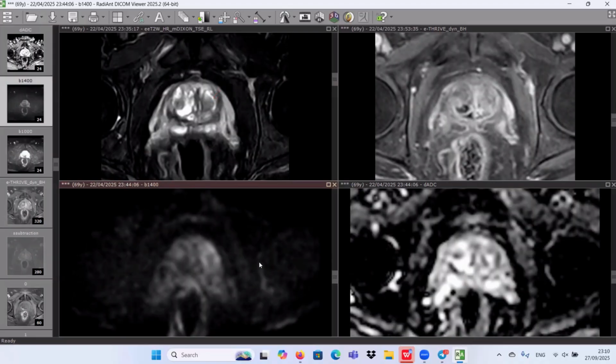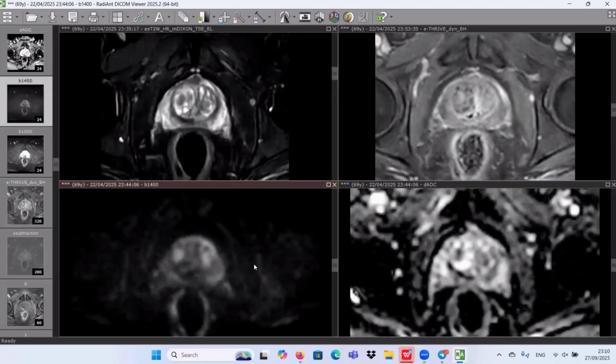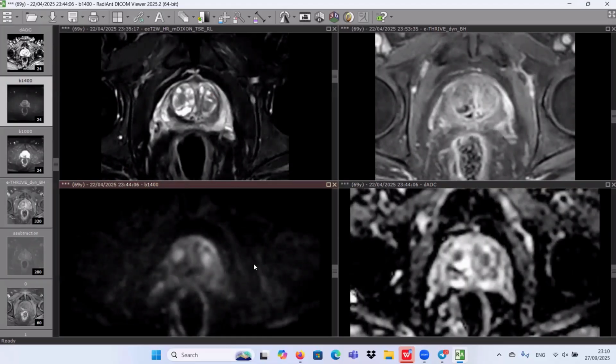So we should review our diffusion weighted image. You will find markedly hyperintense signal on the diffusion weighted image and markedly hypointense signal on the ADC map. So this one is T2 score 2, but the diffusion weighted image score is 4.